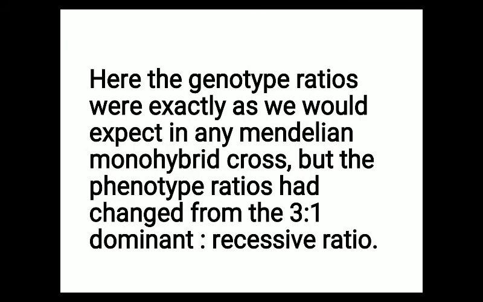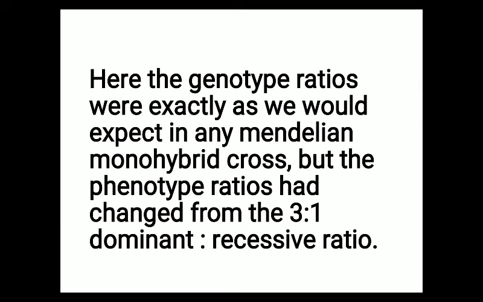Here the genotypic ratio was exactly as we would expect in any Mendelian monohybrid cross. In case of incomplete dominance, the genotypic ratio was similar to the Mendelian monohybrid cross ratio, but the phenotypic ratio had changed from 3 is to 1.